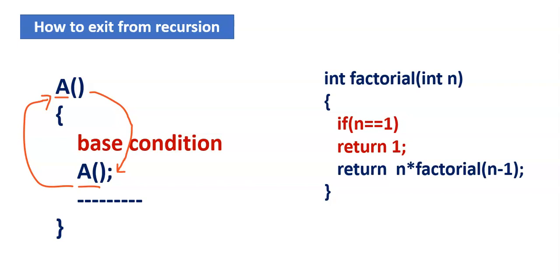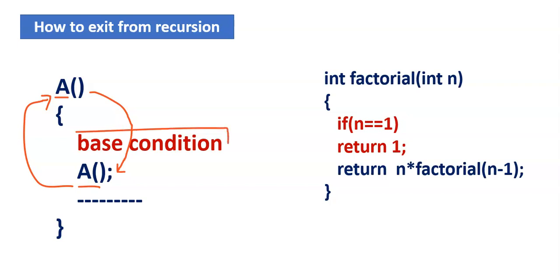That means if we do not stop recursion, then the program enters into an infinite loop. That means it will call A function a number of times. How many times? It will call infinite number of times. Then there must be one point of time where we need to exit from the recursion. In order to exit from recursion, we need to use one base condition.